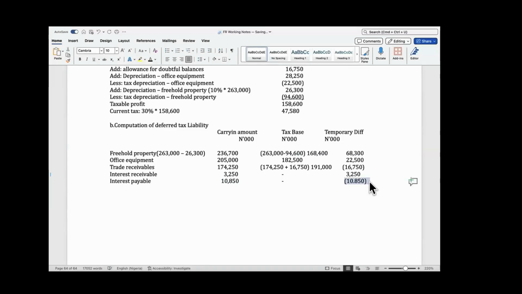So let's cumulate it so I can know whether I'm having a deductible or taxable temporary difference. Okay, it's more of a taxable because these are higher. So just give me my figure. I know it's taxable. $46,200.